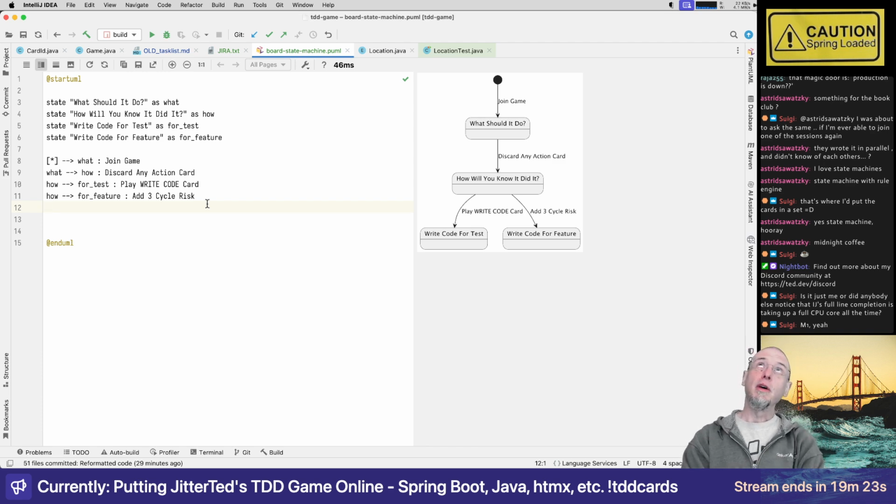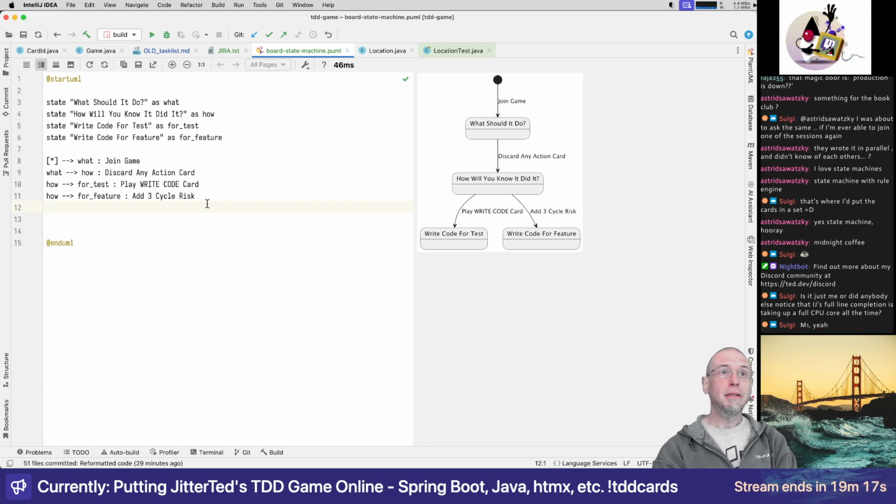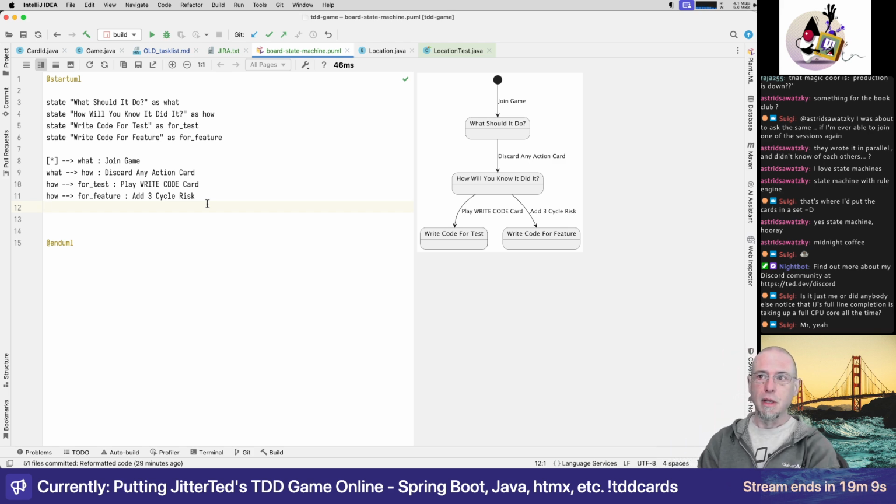So let's see. If we do it this way, the state machine is associated with each player. So we start them in a specific state, which is basically when they join the game, they're on this tile.